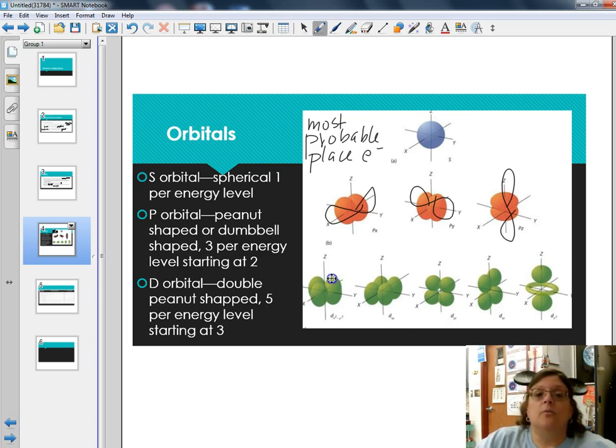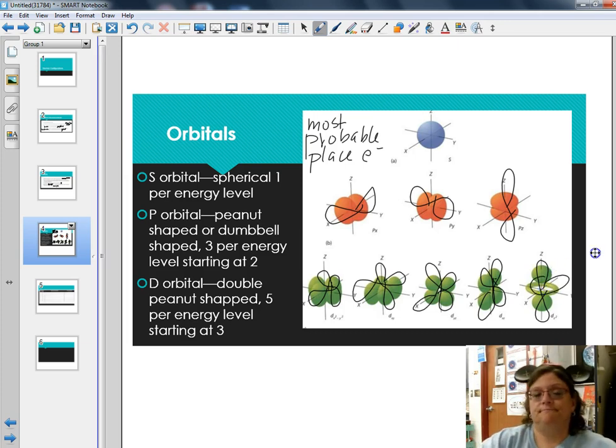The d orbital, I call them double peanuts, although there is one that's also a donut. Okay, the d level, they're kind of weird shaped, and like I said, here's this one that's a donut.